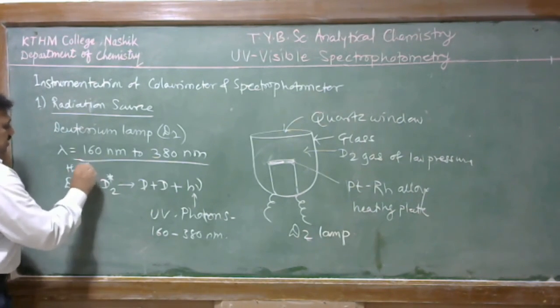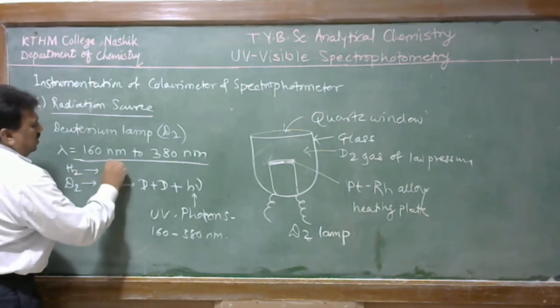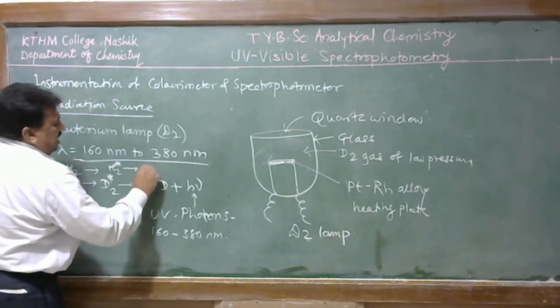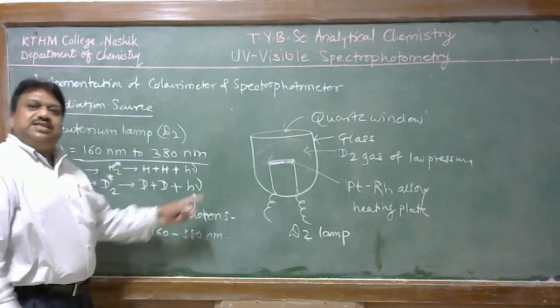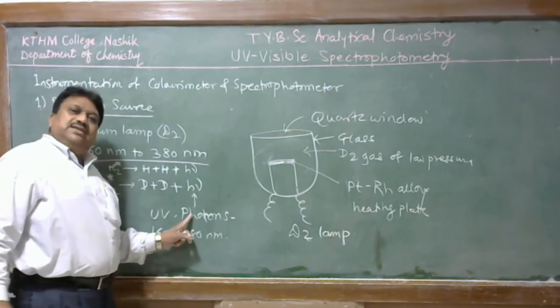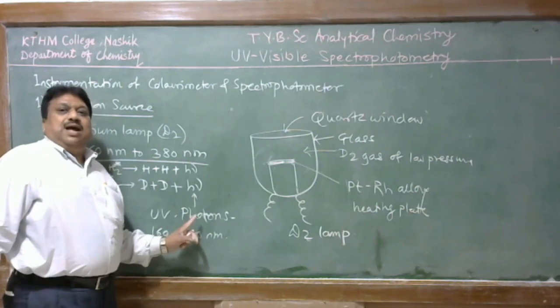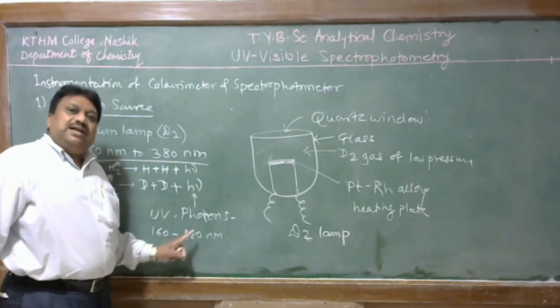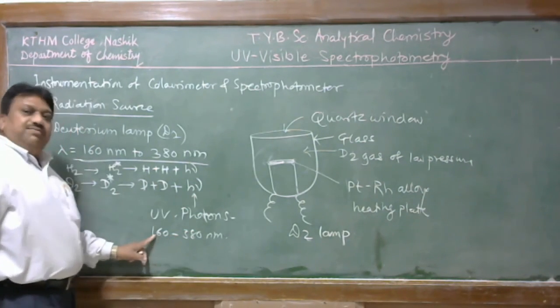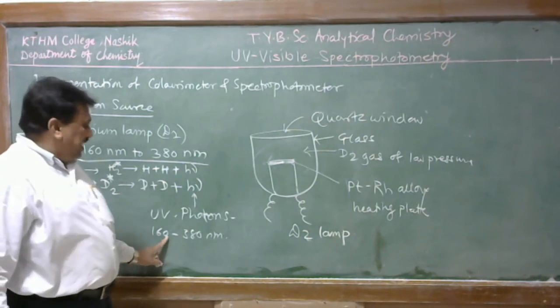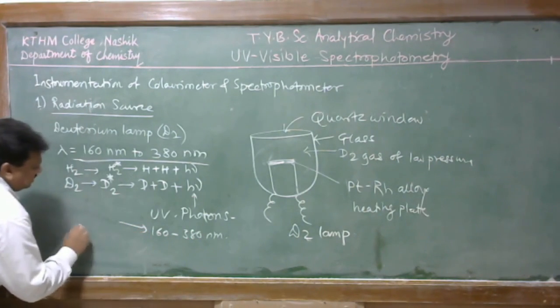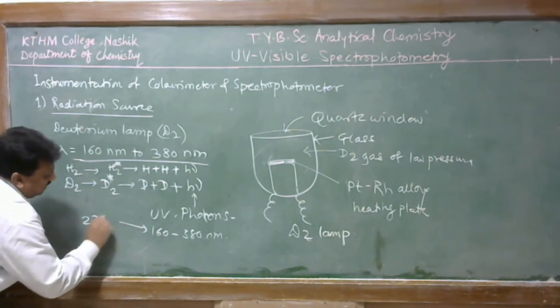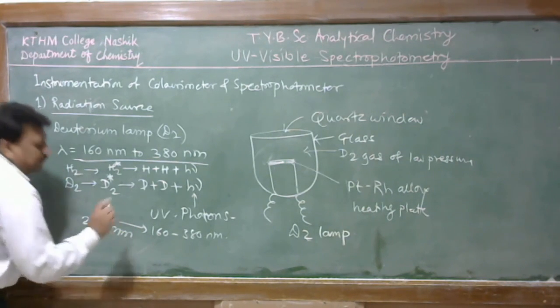This may be hydrogen H2, which when excited gives H plus h nu, and this h nu is energy in the form of a photon, in the ultraviolet region, having wavelength from 160 nanometer to 380 nanometer. It has a maximum band at 225 nanometer.